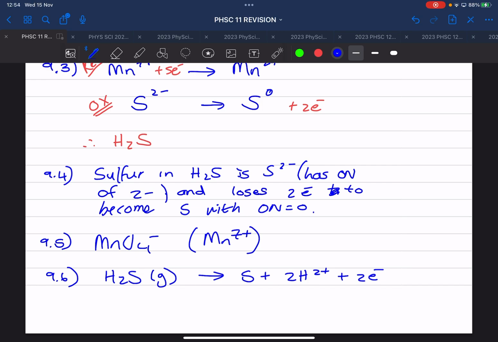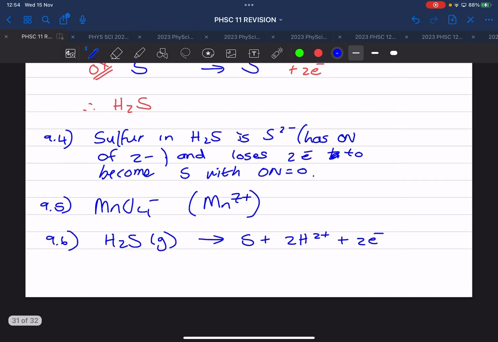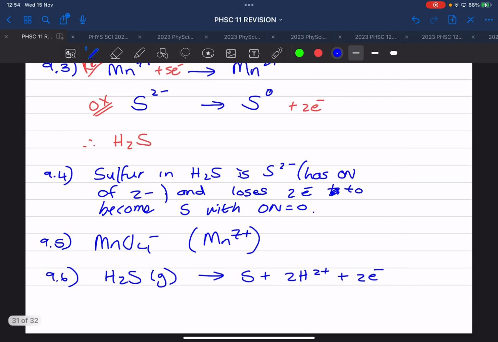Okay, and then they ask you at question 9.7, skryf die ion-elektron metode, gebruik die ion-elektron metode en skryf die gebalanseerde netto-ioniese vergelyking neer. Dis net fancy bewoording vir skryf die redox reaksie neer. Okay, so in grade 11 we still use these words, grade 12 we don't.